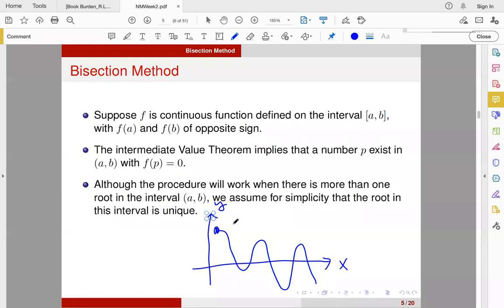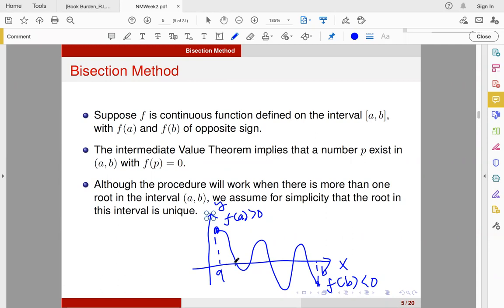So this is a, this is b. Okay, and then f(a) is positive and f(b) is negative. So it satisfies this requirement. f(a) and f(b) have opposite signs, but it has more than one root.